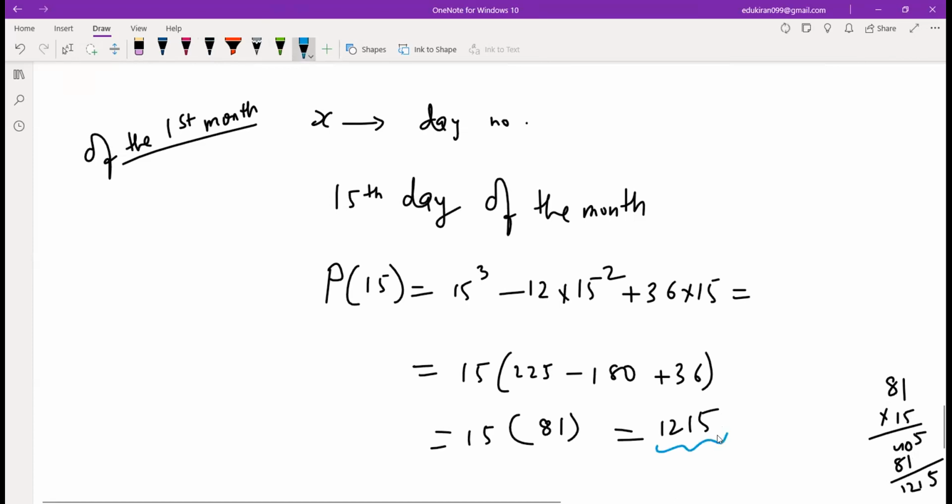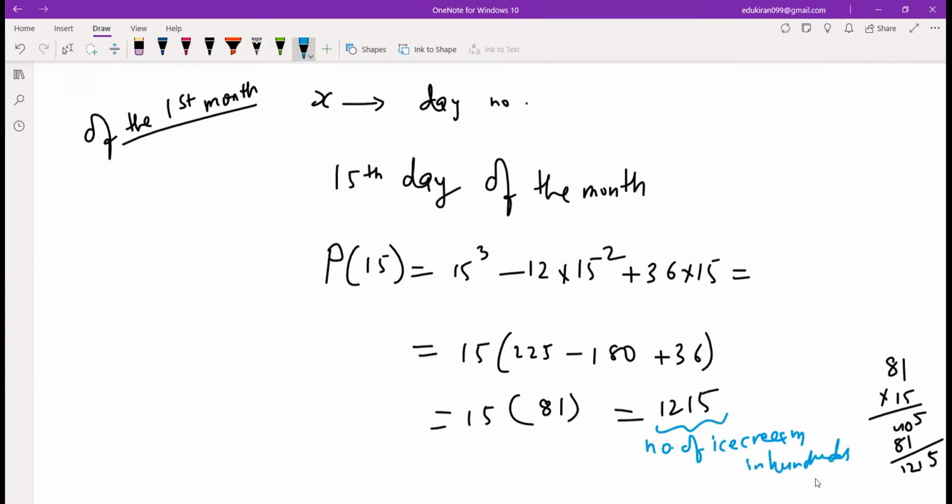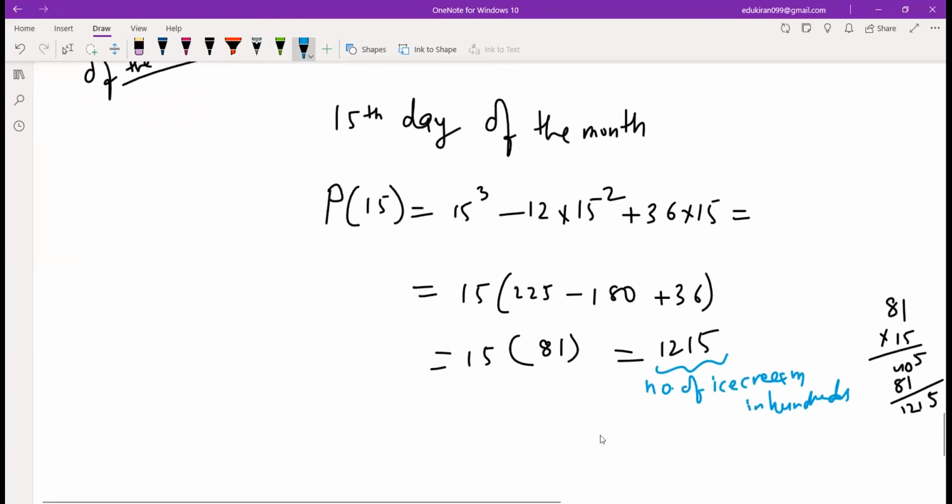This is the number of ice creams in hundreds that is being sold on the 15th day of the month.